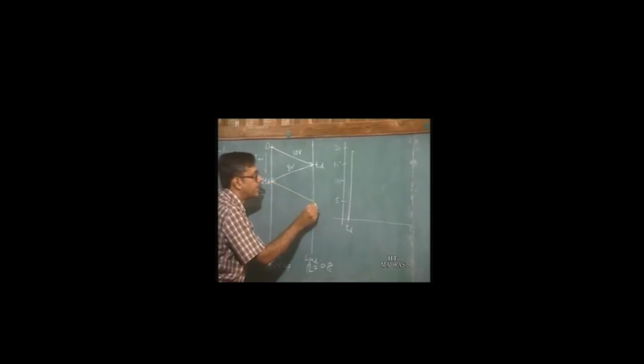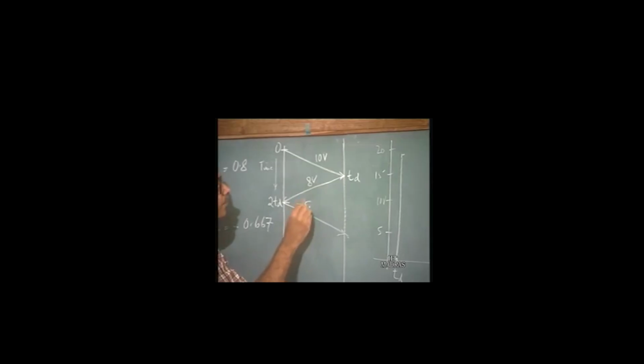Now again we come back to this diagram. This 8 volts has gone back to the source end. It is going to get reflected from the source end with a reflection coefficient equal to minus 0.667. So 8 into minus 0.667 will give us minus 5.36.